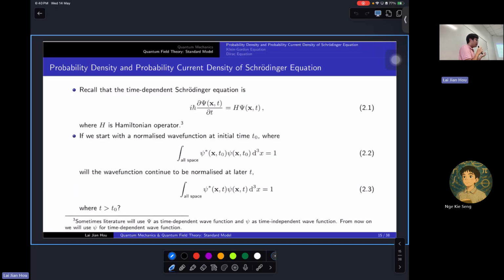First, I want to give the intuition about the Schrodinger equation. So I will present the probability density and probability current density of the Schrodinger equation, and we move to the Klein-Gordon equation, how to derive it, and how to get the derivation of the equation for the second part of today.